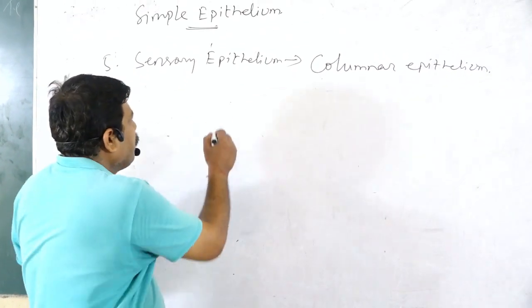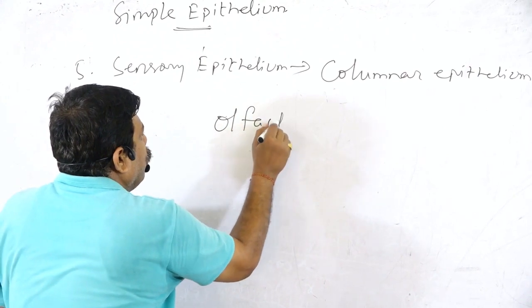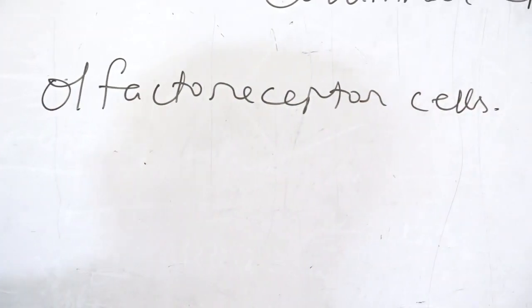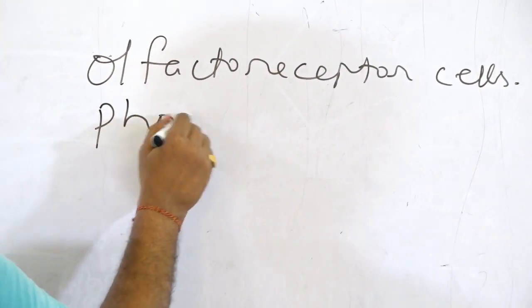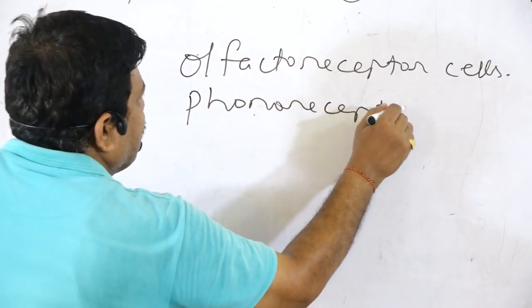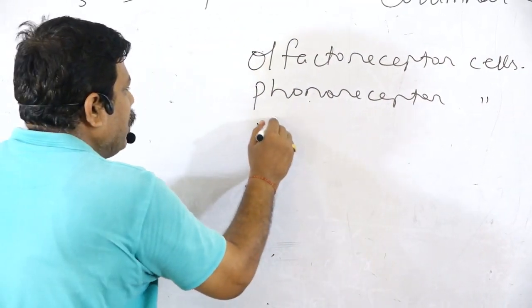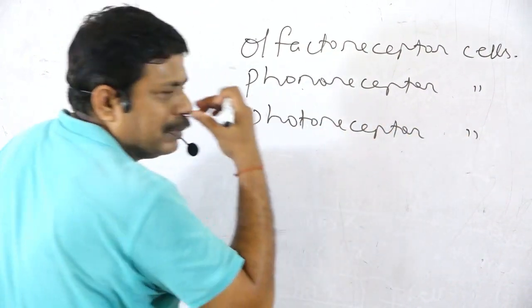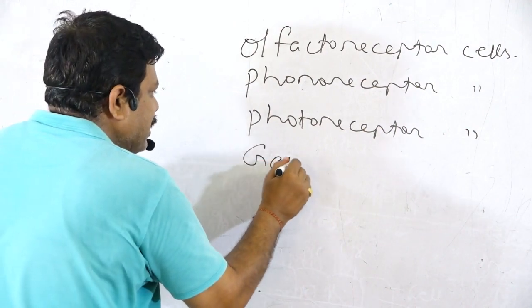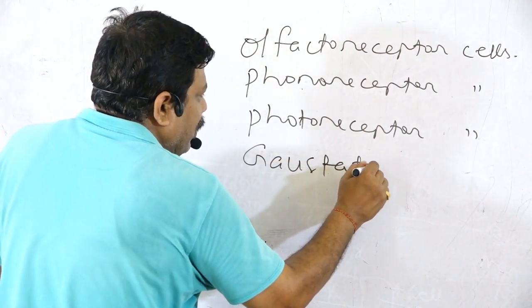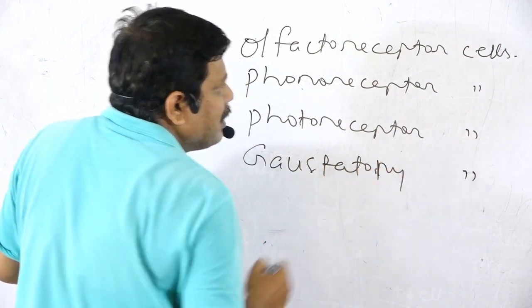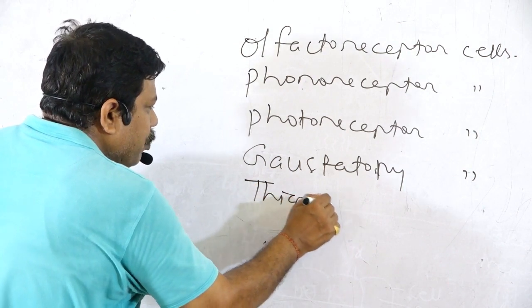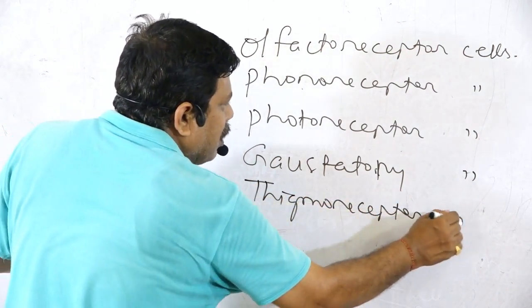Olfactoreceptor cells, phonoreceptor cells, photoreceptor cells, gustatory receptor cells, and thigmoreceptor cells.